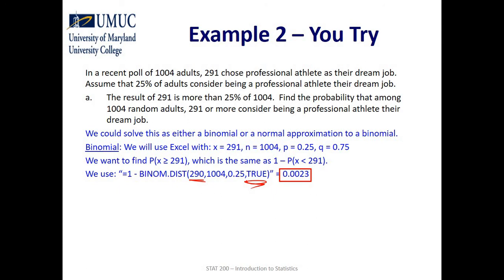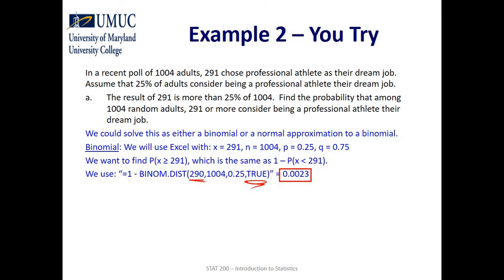Well, since we want greater than or equal to 291, that's the same thing as 1 minus this binomial distribution at 290 successes out of 1,004 trials, with probability of success 0.25, and TRUE means we include all of them, or add them all up. So that gives us 0.0023. So it's a very small probability.